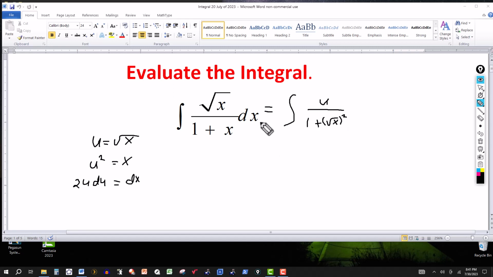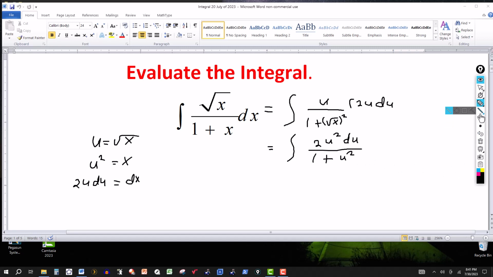And then the dx, I'll replace it by 2u du. And multiply here, we got u times 2u will give me 2u squared. And I got the du. And the denominator, I got 1 plus, and then the square root of x here, that's u, so this just will be u squared.